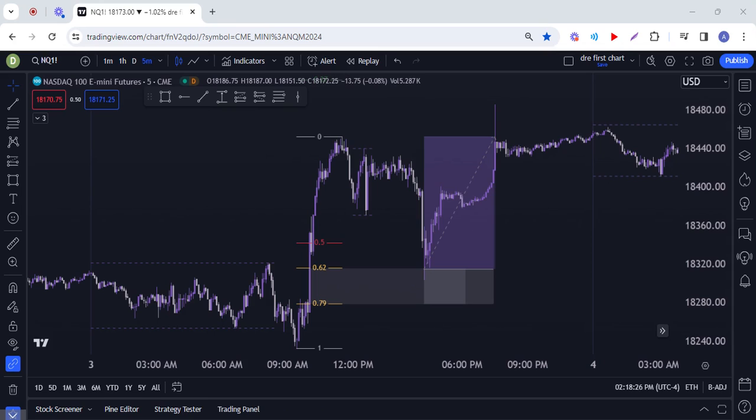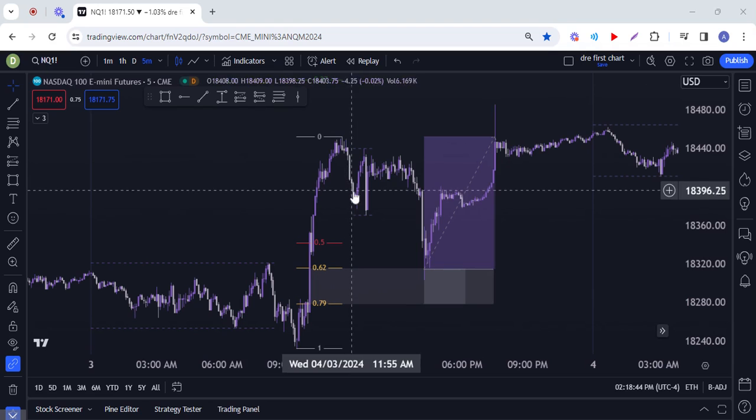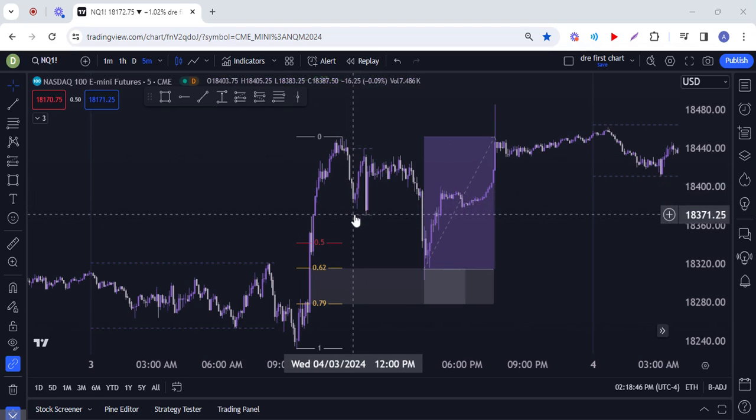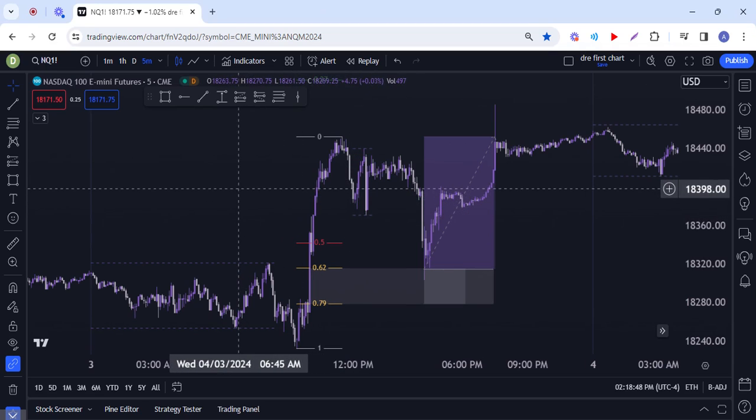This can be used on any time frame: the 5 minute, the 1 minute, the 1 hour, the 1 day, the 1 week. It's just whether you're a swing trader or a scalper. And also if you're short, you'd be anchoring from the swing high to the swing low and looking to get in somewhere over here. And so that is the very simple use case of the ICT OTE strategy.